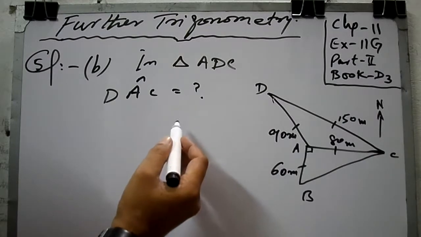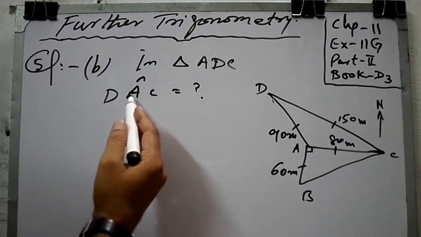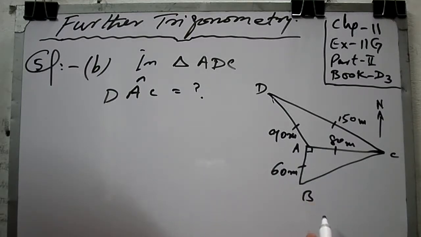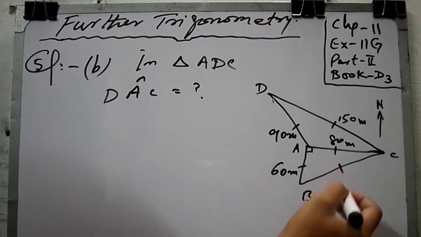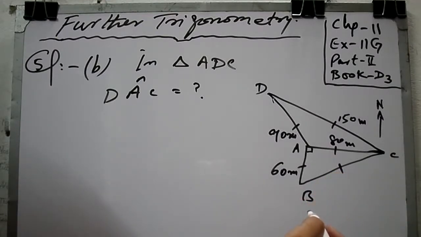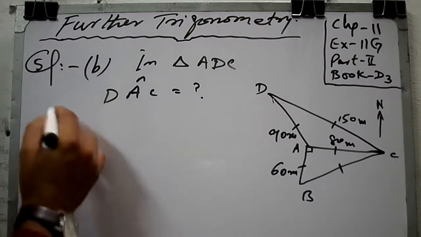But when we find the angle A, we don't have the value of BC. So we don't have the value of BC, so we must need it. So we have to calculate. But first of all, we see which type of formula can exist here.